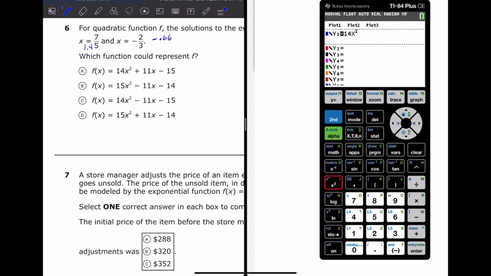Then what you want to do is enter each multiple choice answer into y1. And you're going to be looking for the zeros. Do your left bound, your right bound, guess x negative 1.5.